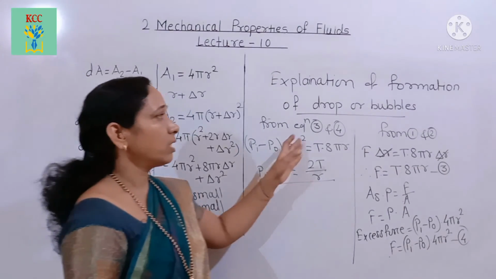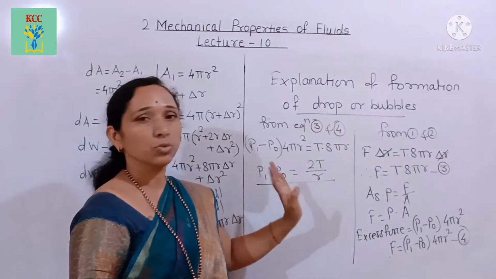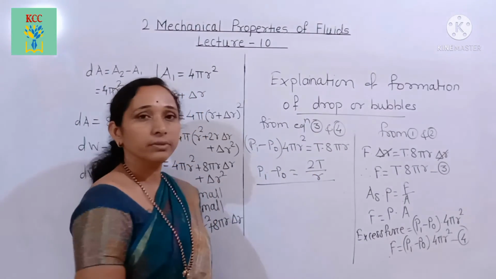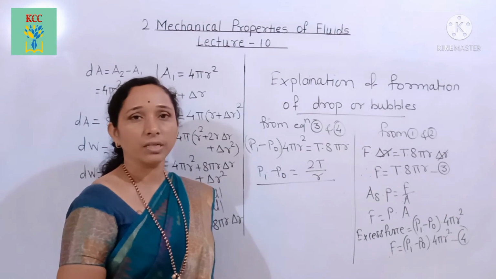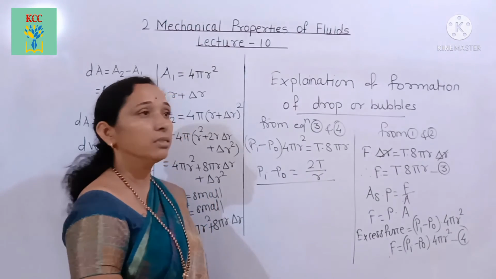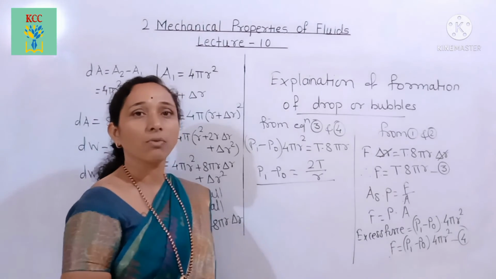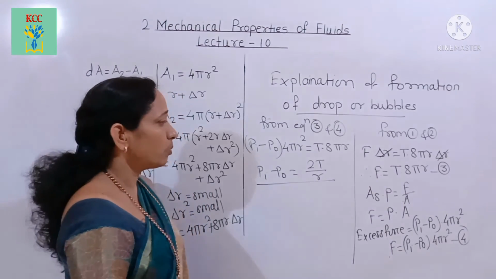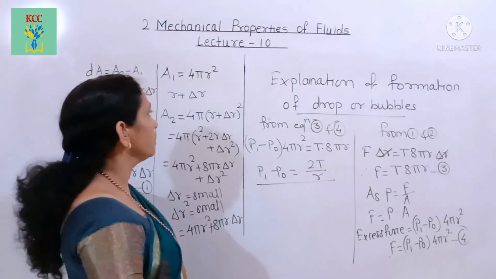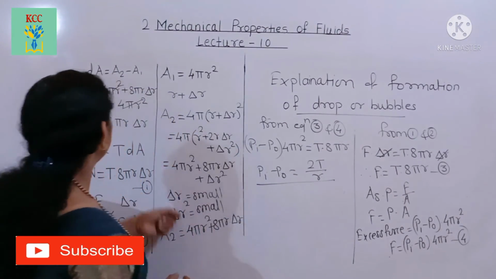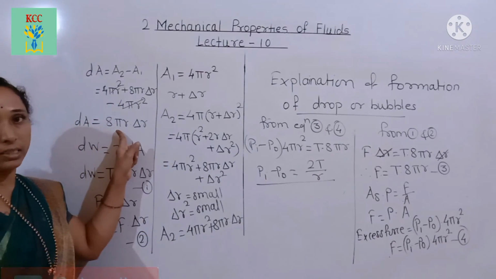This is for a drop, and now for a bubble. We considered a soap bubble. A soap bubble has two surfaces in contact with air, an inner surface and an outer surface. For a droplet, the increase in area dA is 8 pi r into delta r.